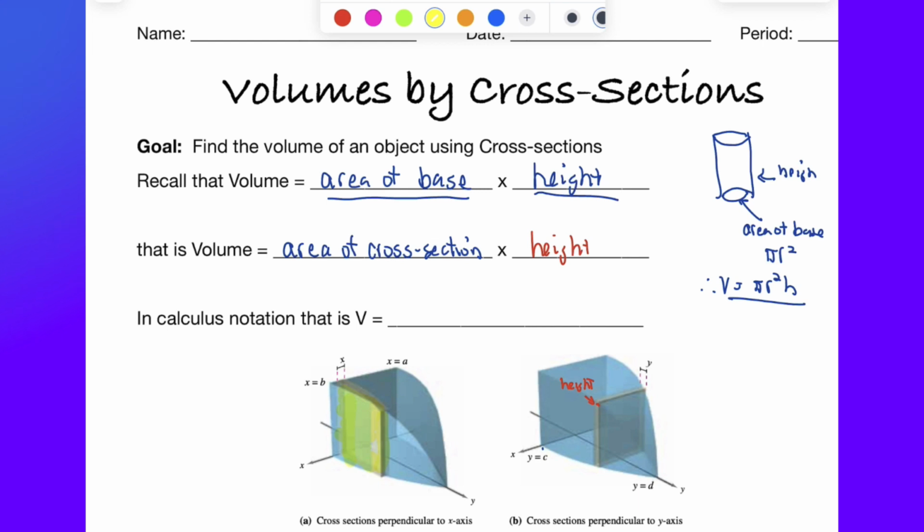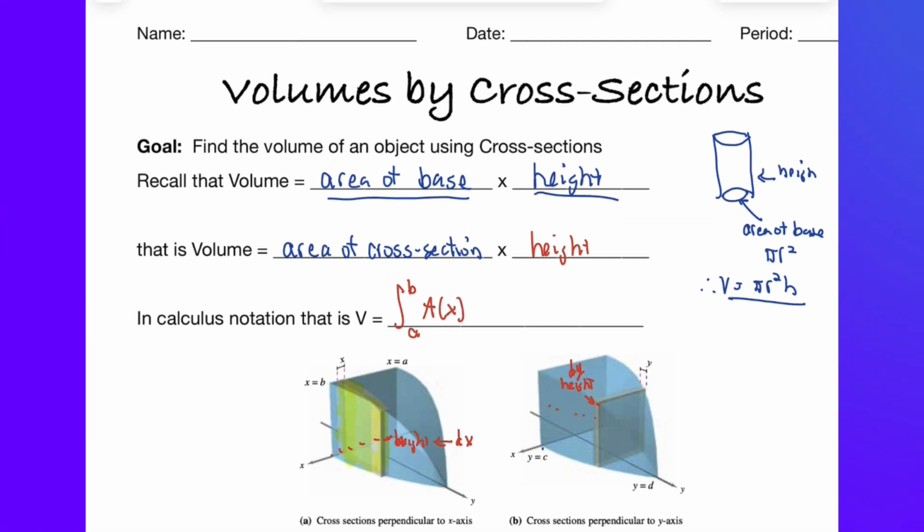Now, we're going to do infinitely many of these cross sections in the shape of that object. And that's when we involve integrals. So using our calculus notation, if I'm looking at figure A here, I want to integrate this rectangle from a to b on that x-axis of the area of the base, which I'm going to call A of x, times the thickness of each individual cross section, which is dx.